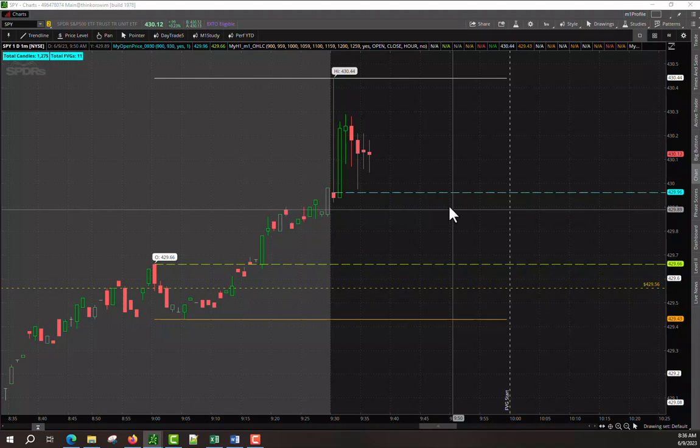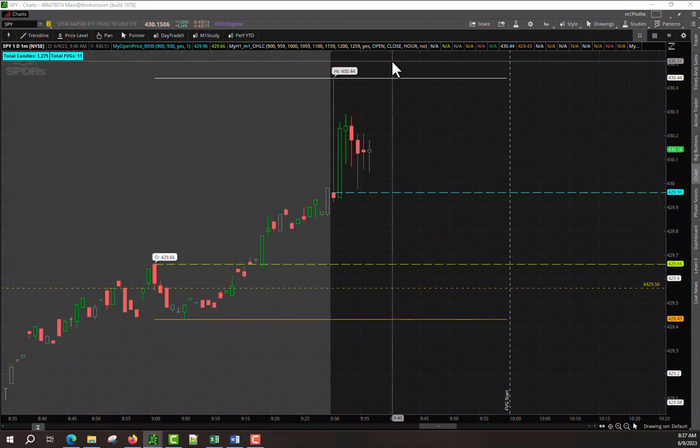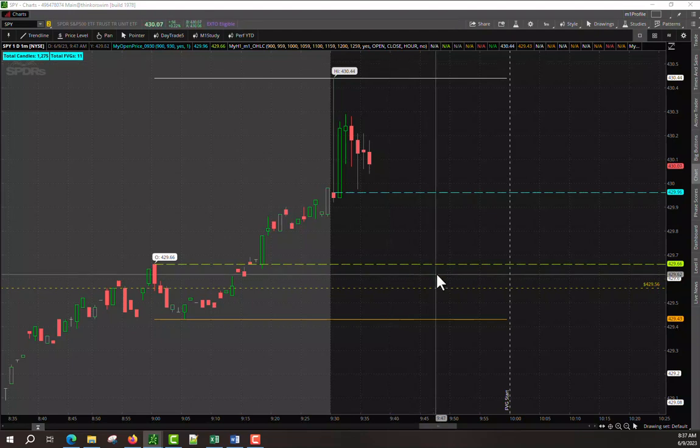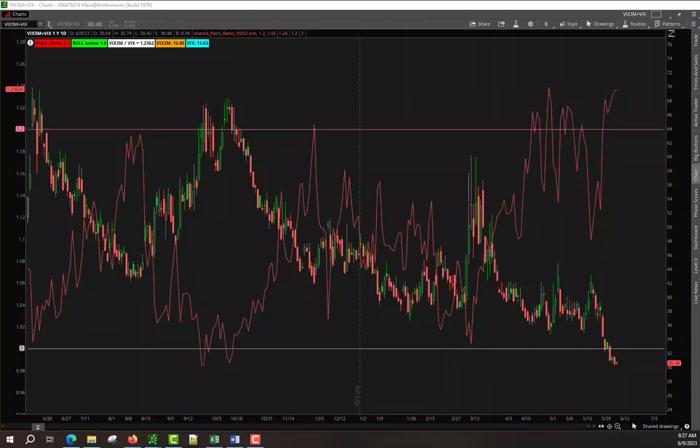The best scenario that we want is to go up to 431 something, check out the buy side liquidity that was set on August 16. Then it will pull back, and we can trade on the pullback right there, or a retracement right there.